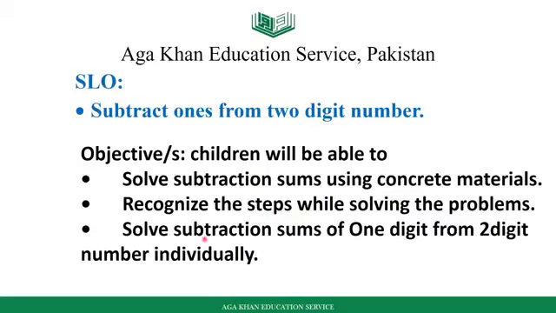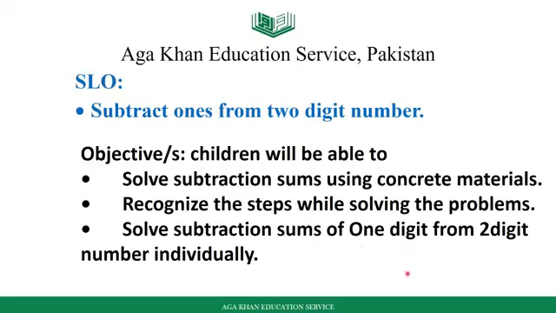Solve subtraction sums of one digit from two digit numbers individually. It means we want each and every child to be able to do subtraction sums, ones from two digit numbers.